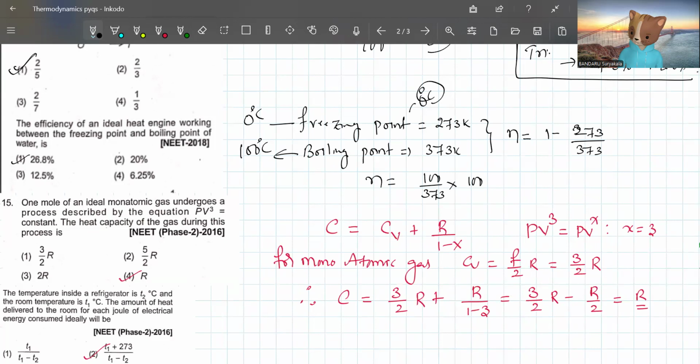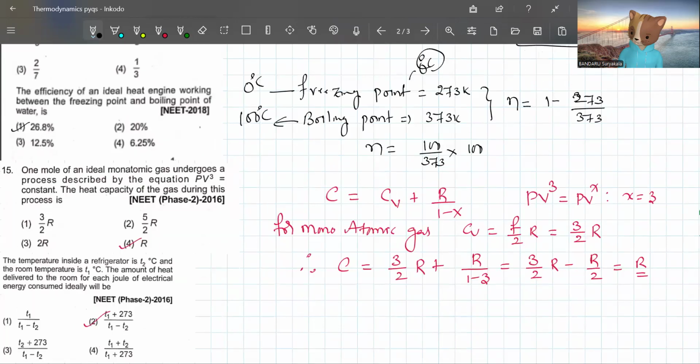Next one is C. One mole of an ideal monoatomic gas, PV to the power 3. This is called a polytropic process. For a polytropic process, the C value is given by this formula. By comparing this equation, your X value is 3. For a monoatomic gas, we know Cv equals F by 2 times R. Here F is degrees of freedom.